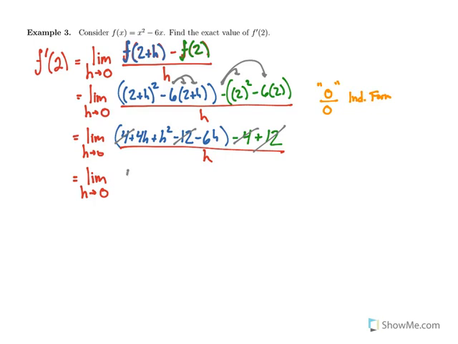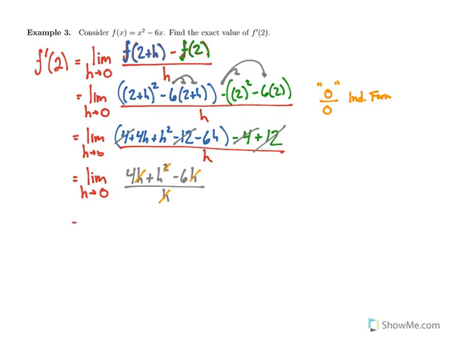What we are left with here is 4h plus h squared minus 6h all over h. And we can cancel out an h out of every single term.